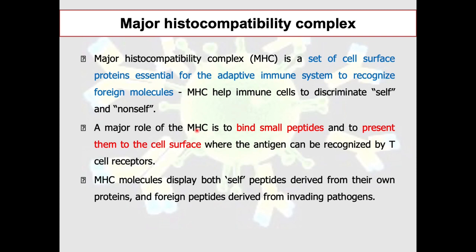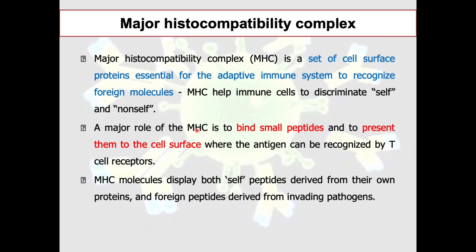MHC molecules display both self-peptides derived from their own proteins and foreign peptides derived from the invading pathogen. Last time, one of your friends asked me: does every cell have an MHC complex? The answer is yes.